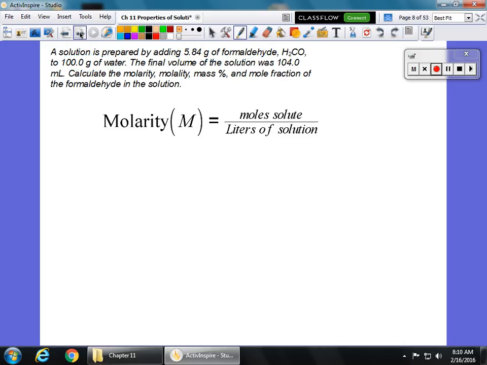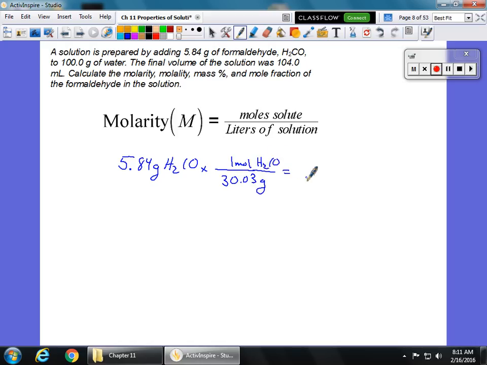Okay, let's look at molarity. Again, here's our definition of molarity. So we're going to need moles of solute. So let's take our 5.84 grams of H2CO. We need to find its molar mass. So 2 hydrogen, 1 carbon, and 1 oxygen is going to give you 30.03 grams for every 1 mole of H2CO.